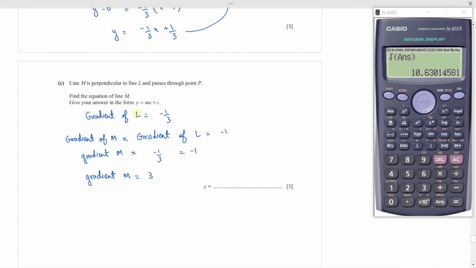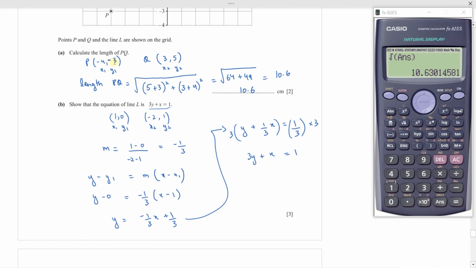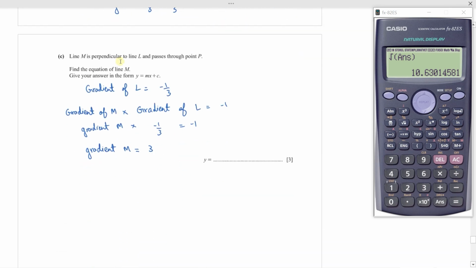And we also know the line M passes through point P. So P has coordinates minus 4 and minus 3. So this will be your x1 and y1. So your equation of line M will be y minus y1. In fact, let me write down the equation formula first. y minus y1 equals gradient into x minus x1.